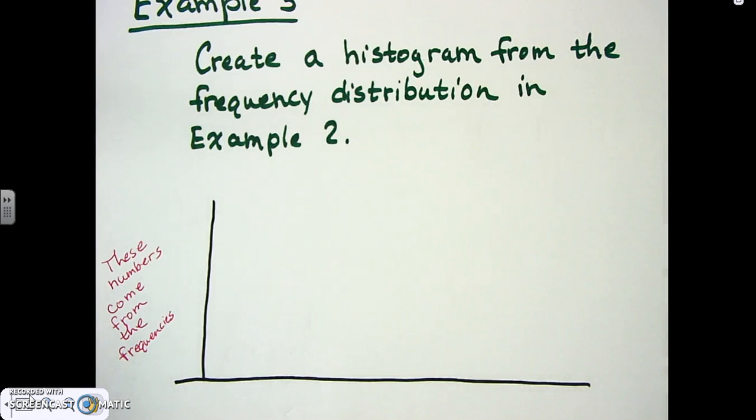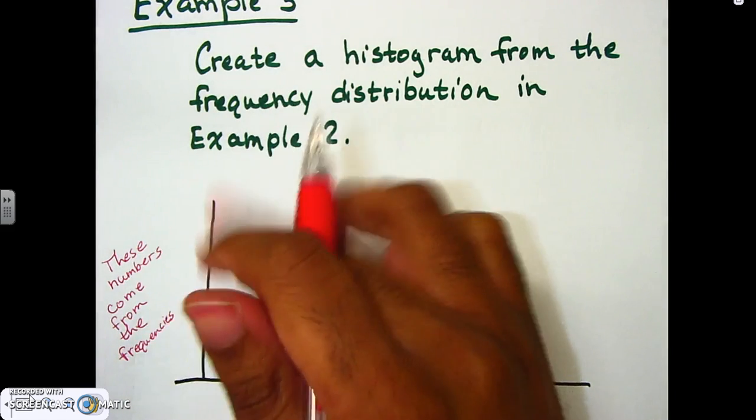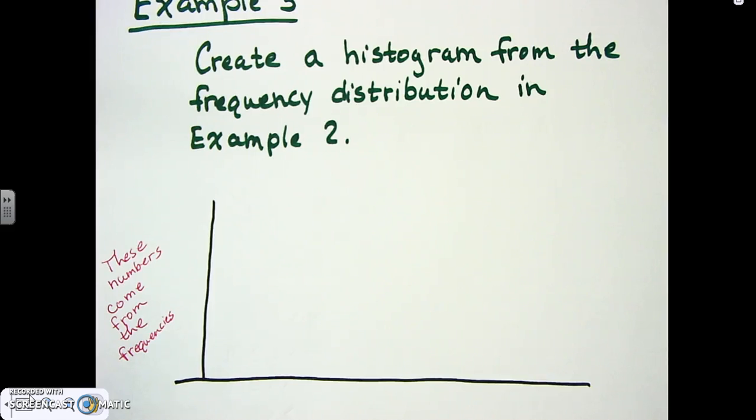Alright, so the numbers on this vertical piece are the frequencies from the frequency distribution. So we're taking the frequencies and putting them on the side there. On the bottom, let's do some green, that's fine.